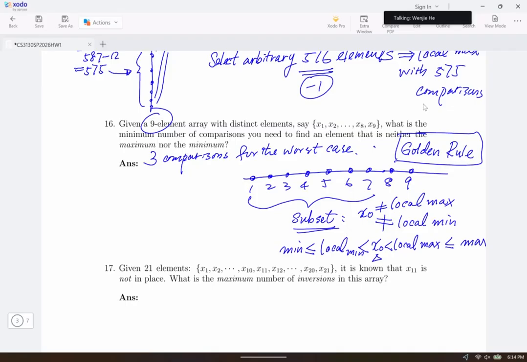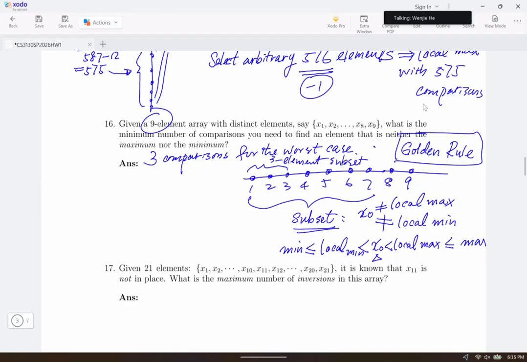Because the smaller the size, the better for us. So the minimum is we only choose a subset containing 3 elements. Three elements subset.